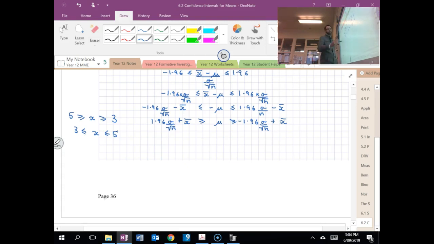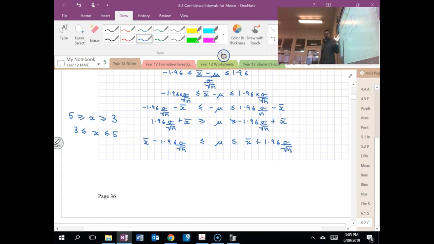So we're going to do this. I'm going to bring this bound to the other end and this one over to the other side. So I'm going to swap the two ends and also change the sign. So mu is going to be x bar, take 1.96 sigma on root n, less than or equal to mu, which is less than or equal to x bar plus 1.96 sigma on root n.